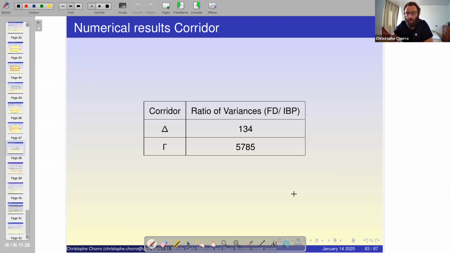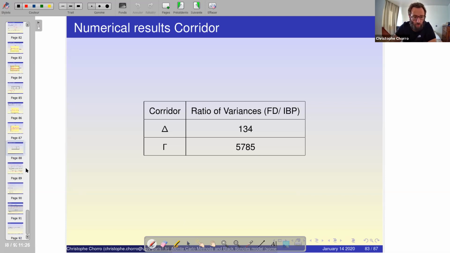And for the gamma, you have a ratio of variances that is really huge. The variance relative to the finite difference is, let's say, 6,000 times greater than the one obtained by the weighting method. So something that will impact a lot the size of the confidence interval.